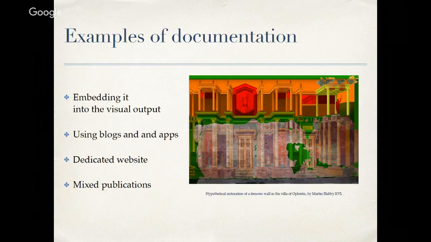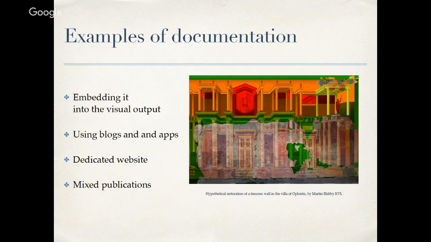And of course, there are some examples, and they're great, and they are very informative, and they are sometimes embedded into the visual output, as we can see in this example from the KVL, where the restoration of a fresco is color coded like a traffic light. So the most likely parts are green, the slightly more speculative are yellow, and those that are entirely speculative are marked in red.